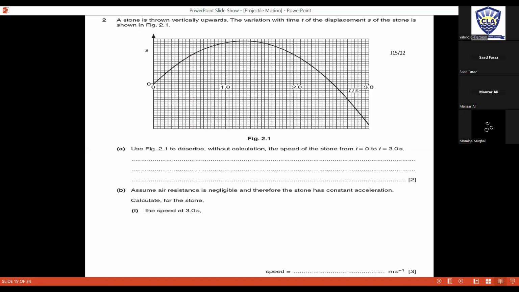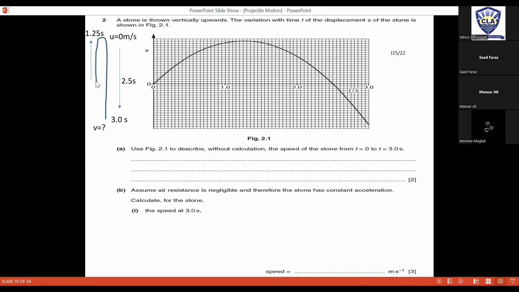Again, it is sort of a projectile motion in which a stone is thrown vertically upwards. It goes to a maximum height and then falls back, not on the same position, but below that position. It is something like this.